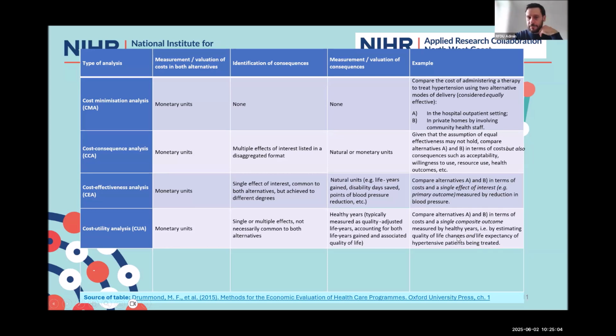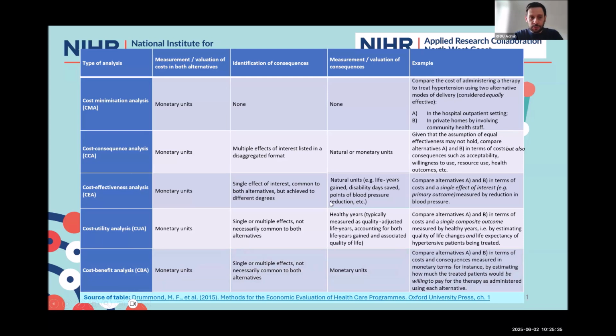So having a measure that allows you to estimate quality of life changes and life expectancy will be somewhat relevant to people with cancer, stroke, diabetes, smokers, and so on. So it could be applied into different health or disease areas. And that's why cost utility analysis is very common in economic evaluation, and it's probably the most common type of economic evaluation used out there.